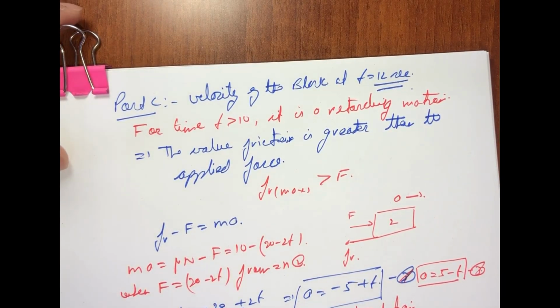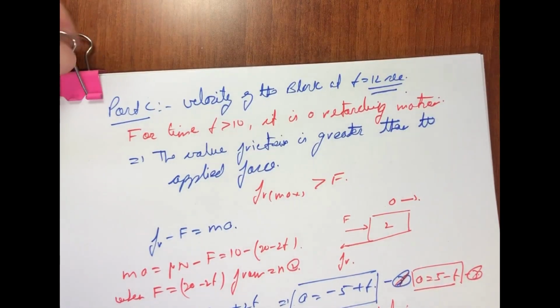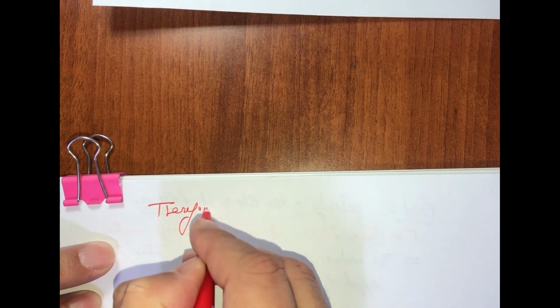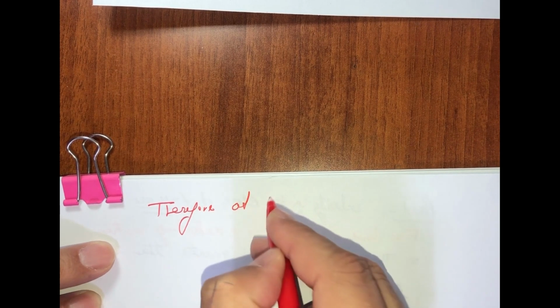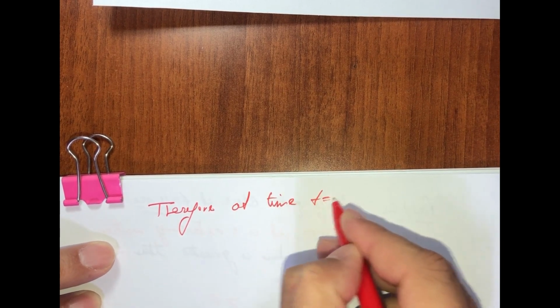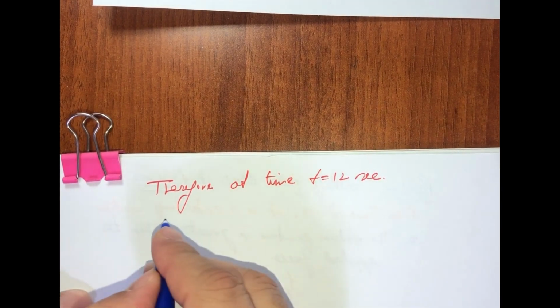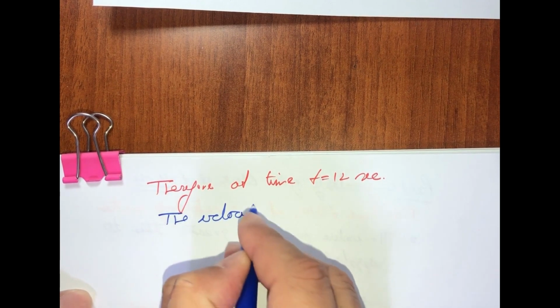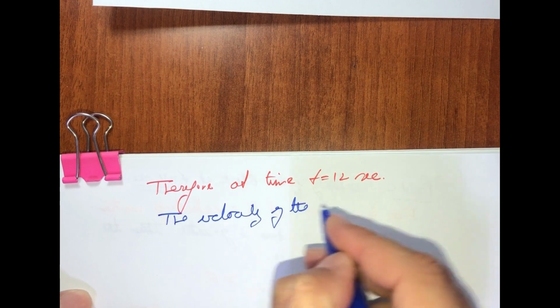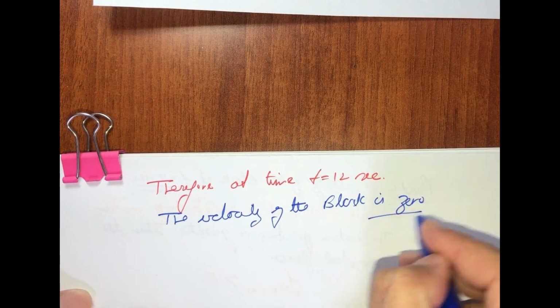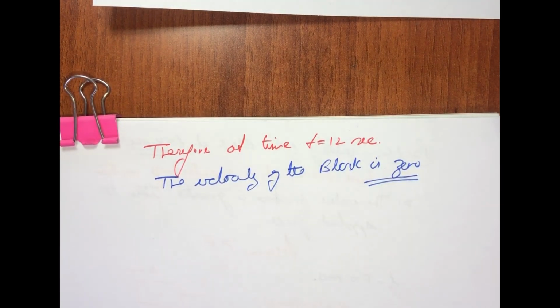Now if the final velocity is 0, therefore at time t is equal to 12 seconds, the velocity of the block is 0. Okay, so this completes the question.